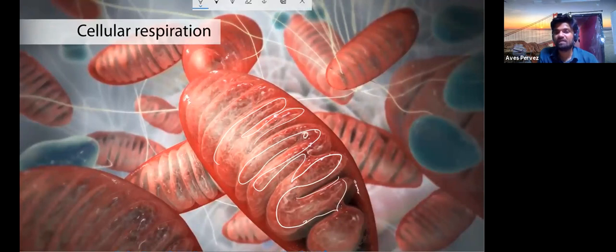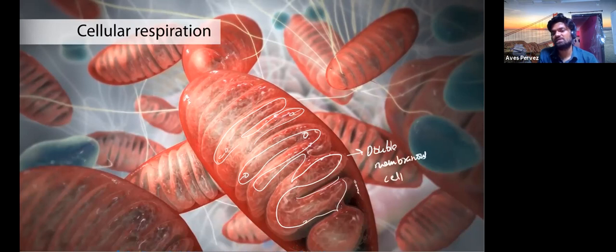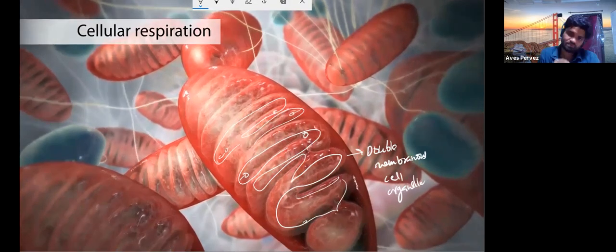The inner membrane has specialized particles called F0, F1 particles, but you need not keep that in mind. You need to learn that mitochondria is the powerhouse of the cell, and it is a double membranous organelle.